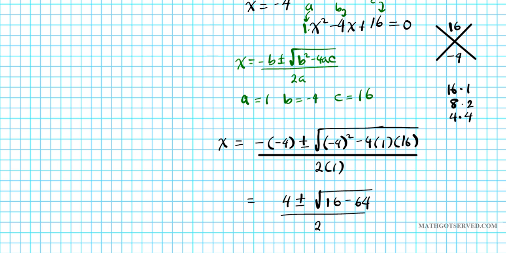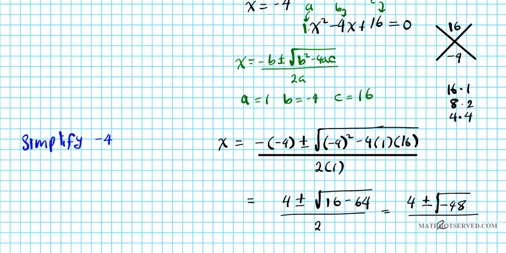So we have 4 plus or minus, we're going to subtract 64 from 16. That yields negative 48. So we have the square root of negative 48 divided by 2. Okay, now how do we simplify negative 48? Let's do that over here.